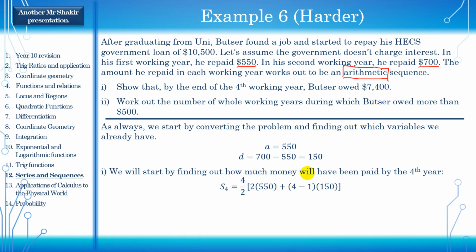Not that much of a hassle. So it'll be 550 plus 700 plus 850 plus 1000, I believe. If you do it just by adding d to 700, one time, 2 times, and you get the third and fourth term. Or you can use the formula. So 3,100, if you add up all of those.